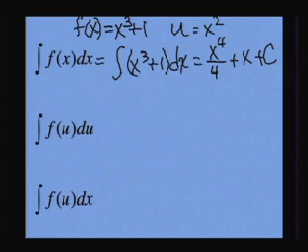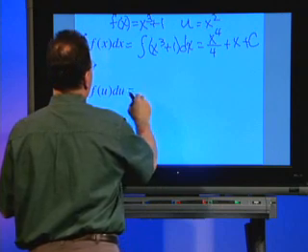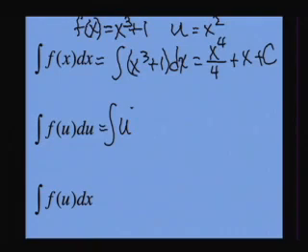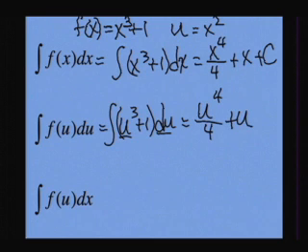All right, so now for f of u du, this would be equal to the integral of u cubed plus 1 du. Now initially we have both the function in terms of u and the differential in terms of u, that is du. So we can take our first step, which is that this is u to the 4th over 4 plus u plus c.